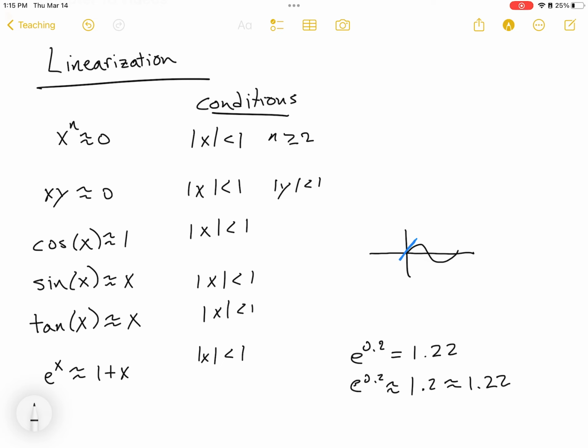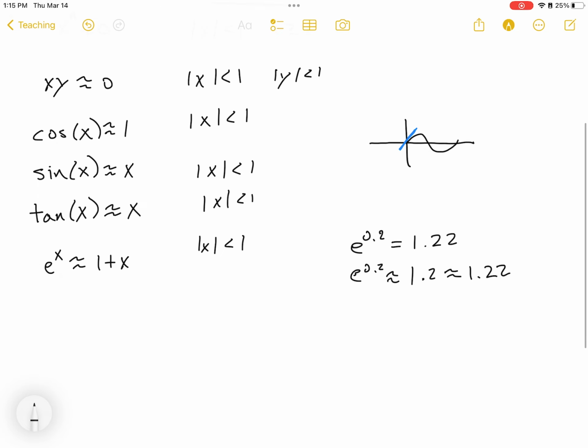So let's go ahead and do some examples. Sometimes you might see something like the expression x times (y plus 5). And you want to make a linearized approximation of this function. So first what you would do is you would multiply everything through to get individual terms.